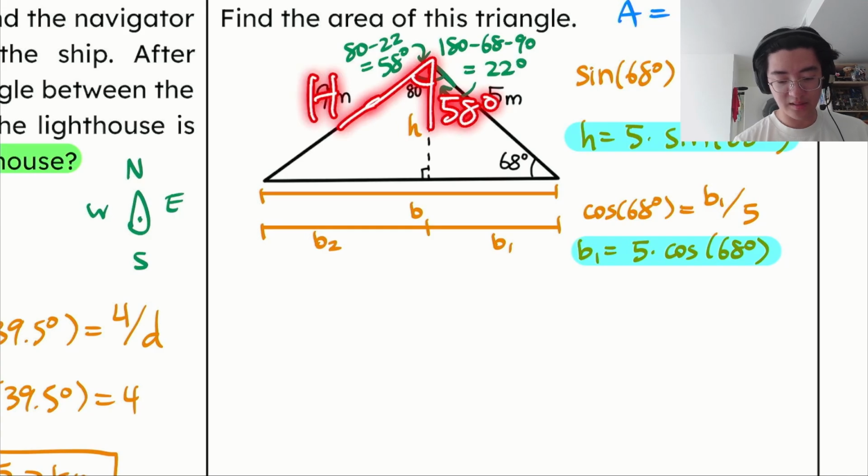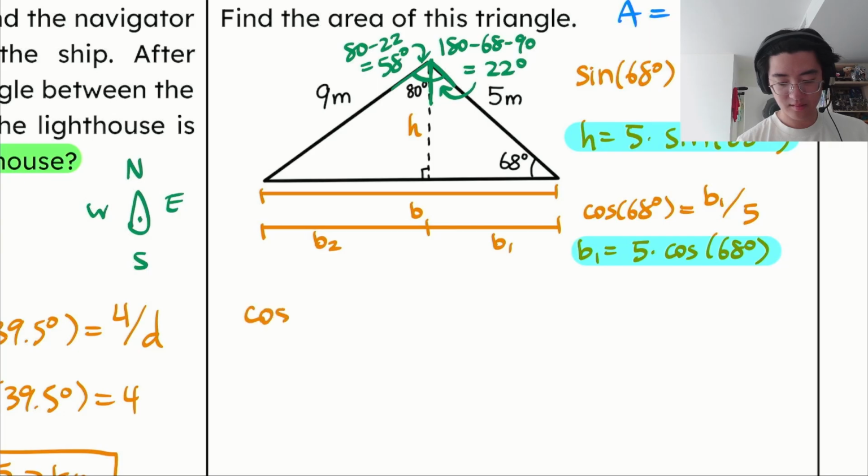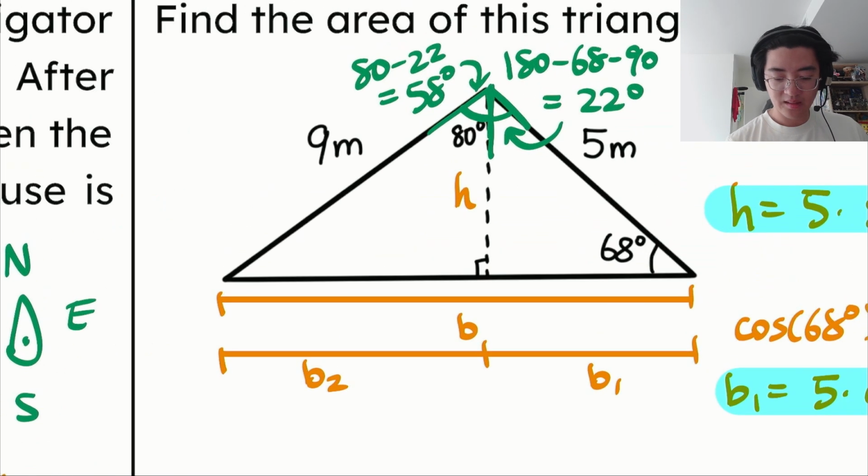We have the hypotenuse, we have the adjacent, so cosine 58 is adjacent over hypotenuse. Oh, sorry, hold on, what am I doing here? We already found that. Okay, we have 58 degrees right here.